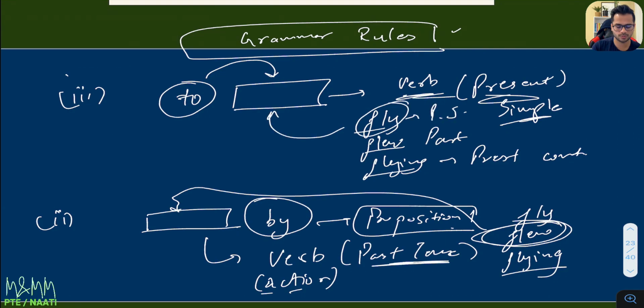So my answer has to be fly. So you can memorize this something like this. If you see to and a blank, so after the to, there has to be a verb in the present, and before the word by, it has to be a verb in the past tense. So that's one way to memorize that, and this can help you in the exam by eliminating certain options based on what sort of words you have been given, if you are given to and a blank, or if you have been given by and a blank before.